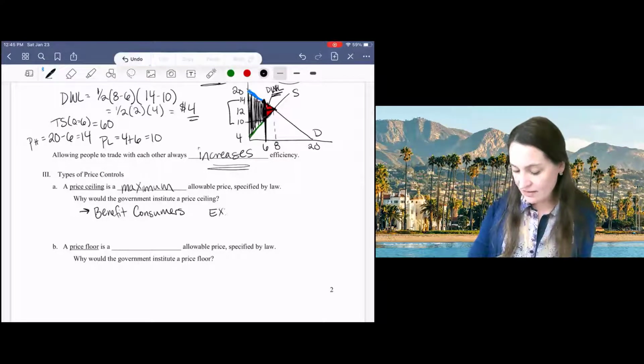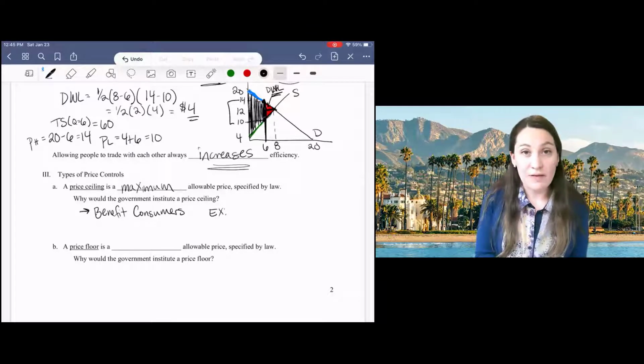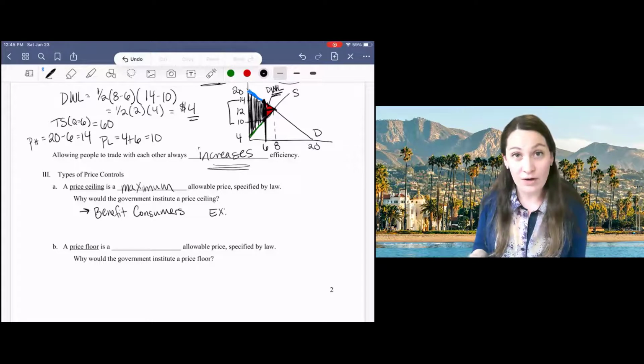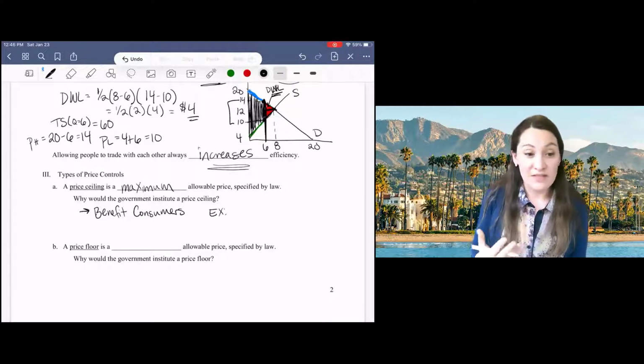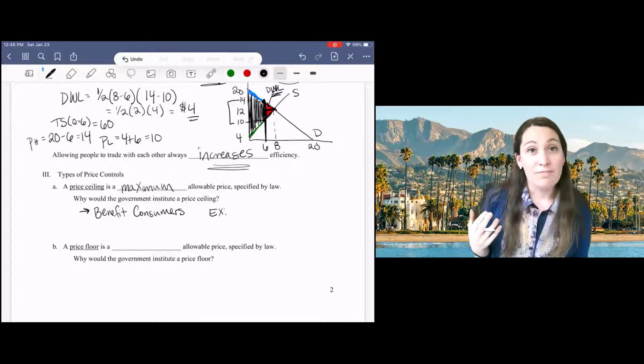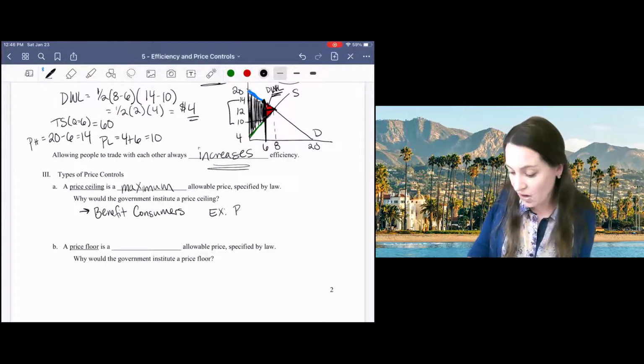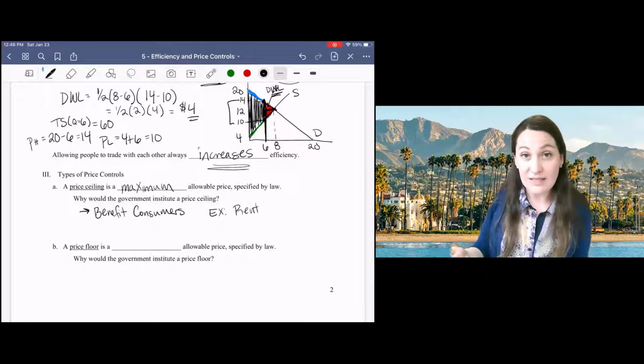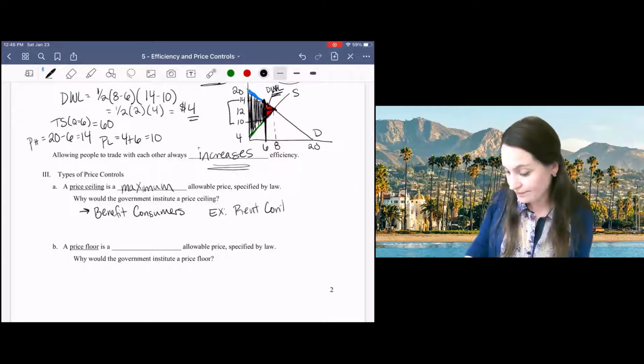Usually, we have instituted a price ceiling because we want to help consumers to be able to afford necessities like housing or medications, right? So some common forms of price ceilings are rent controls.